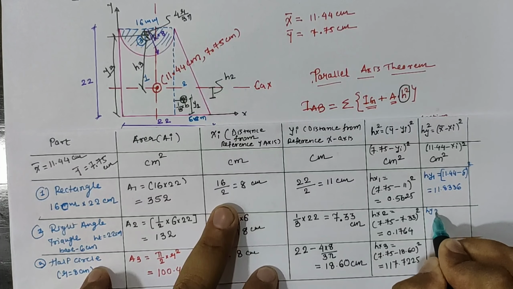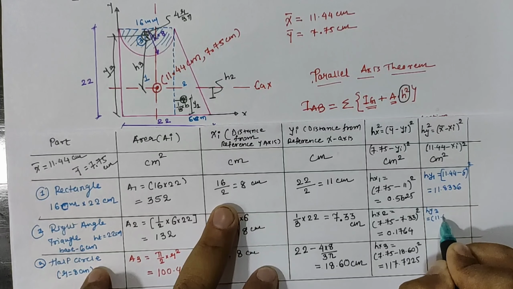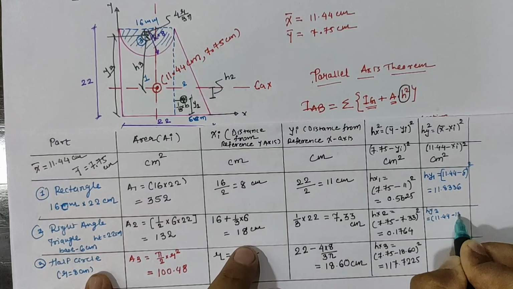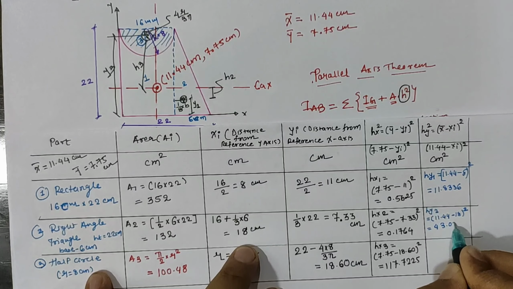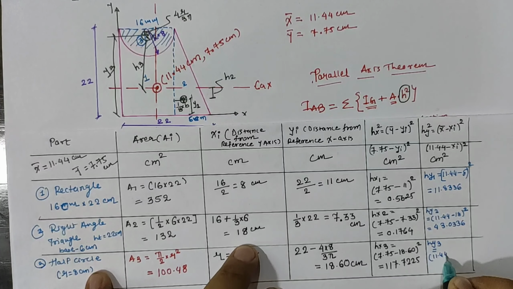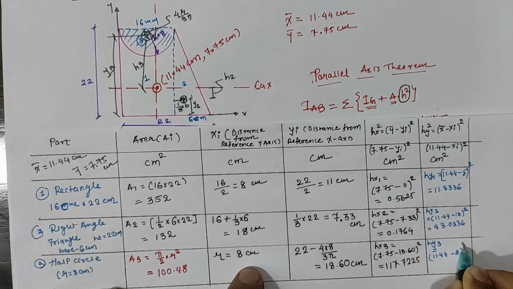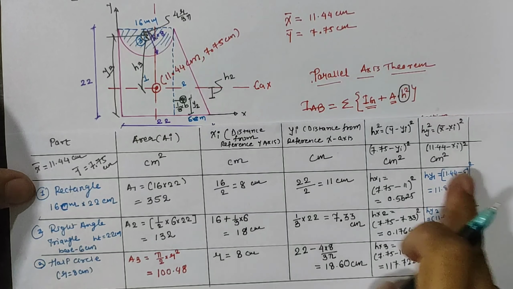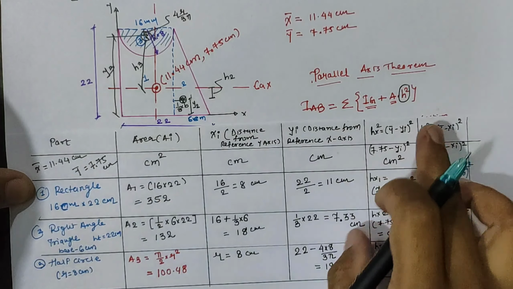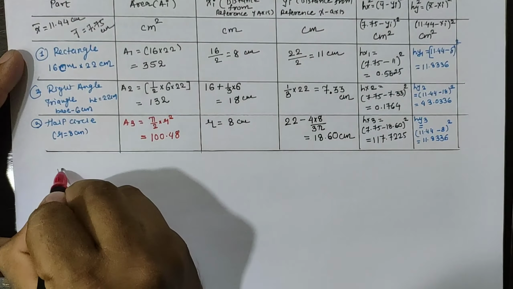The second one is hy2, which is equal to 11.44 minus 18 square, which is equal to 43.0336, and hy3, which is equal to 11.44 minus 8 whole square, which is equal to 11.8336, similar to hy1.